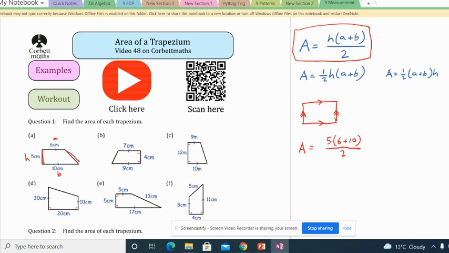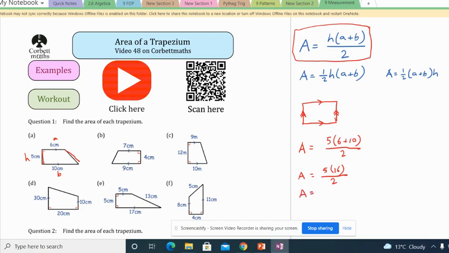Now it's good to break this down into steps, and I can simplify as I go. So 5 times 16 over 2.